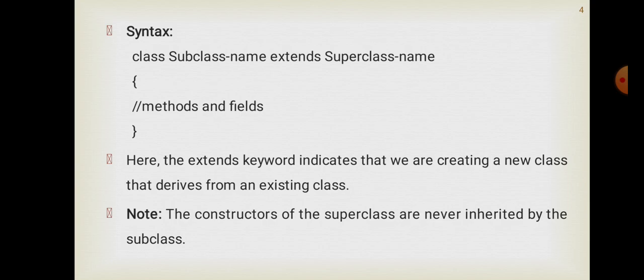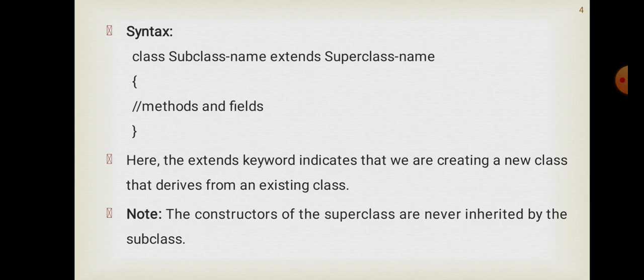Next, we are going to see the syntax of creating inheritance. To create a class, we use the keyword class followed by the class name. If I want to create a subclass which inherits the properties of a superclass, I have to write class subclass name extends superclass.